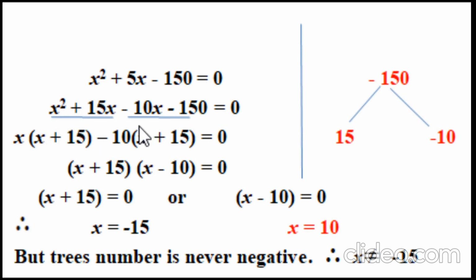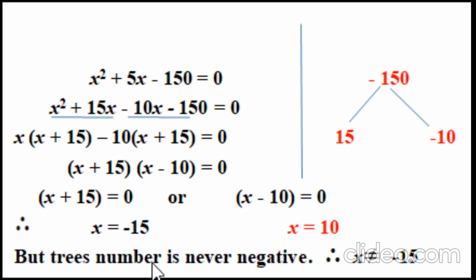Then minus 10 is common, x plus 15 remains. So in one bracket x plus 15, another bracket x minus 10 is equal to 0. Therefore x is equal to minus 15 or x is equal to 10.